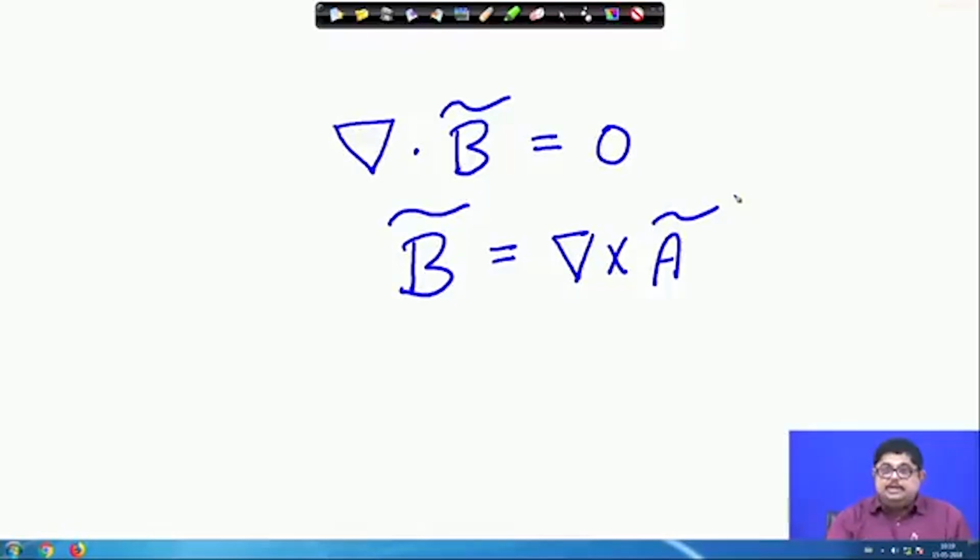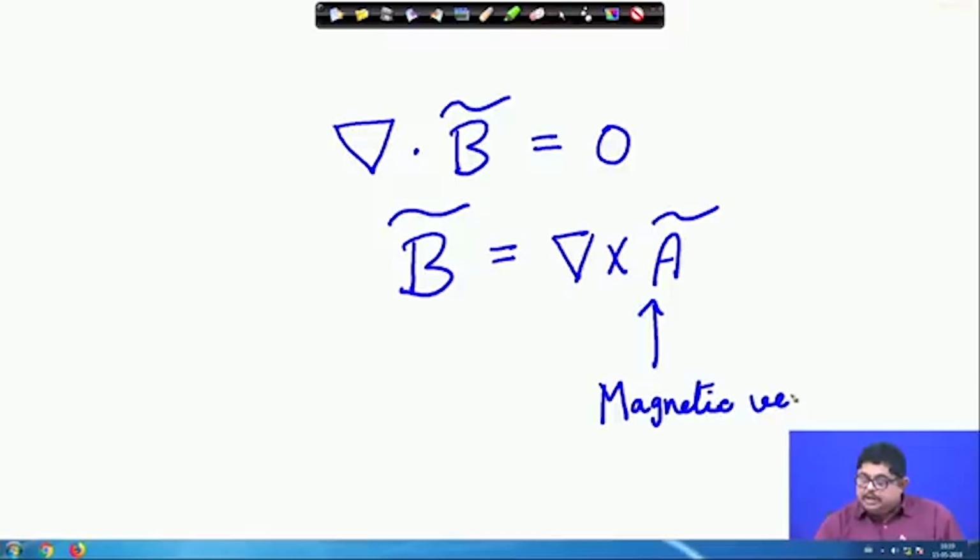So, we can say that B should be the curl of a vector, and this is a vector because curl can be taken only of a vector field. So, this is called the magnetic vector potential.